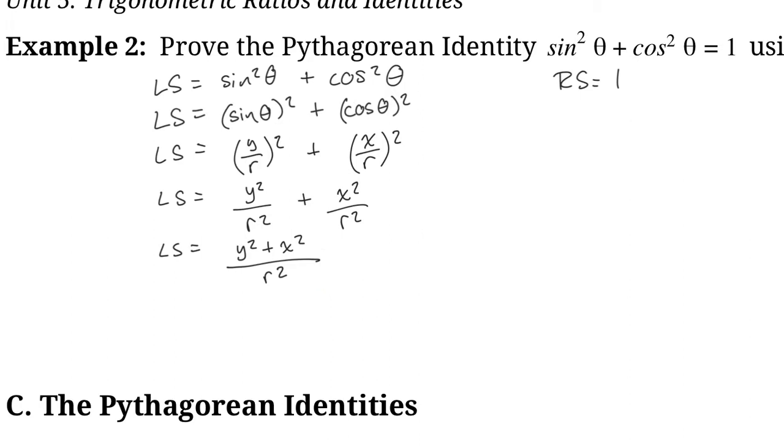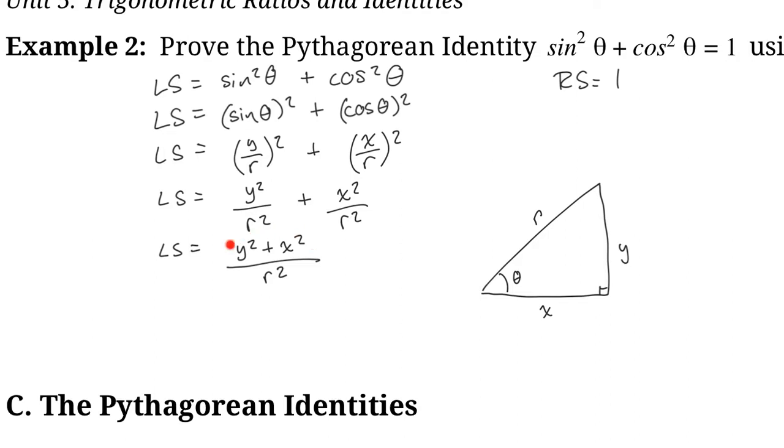So from our last page, when we had that diagram of a right triangle, x is just on the bottom. This is angle theta, y is on the right, and r was our hypotenuse. And since this is a right triangle, we could use Pythagorean theorem. X squared plus y squared is just equal to r squared.